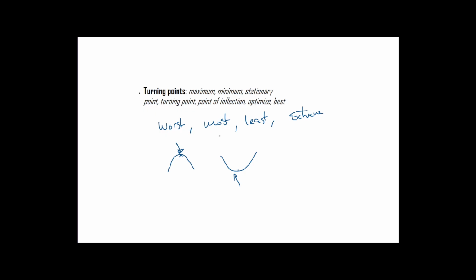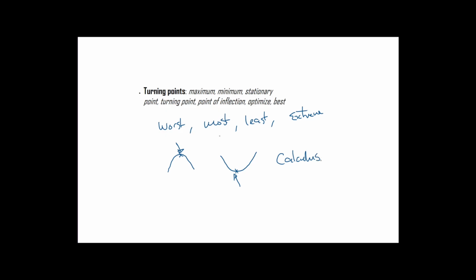It's really, really important in a lot of functions to be able to work out exactly where that is. Previously, last year, you wouldn't have used calculus. You would have used algebraic methods and looked at them and worked out where they are. Now it's exclusively using calculus, okay?